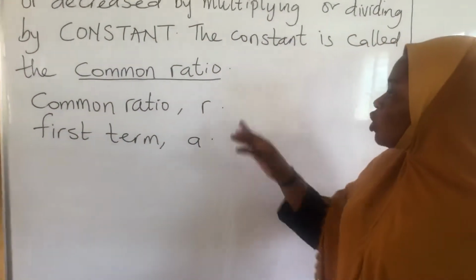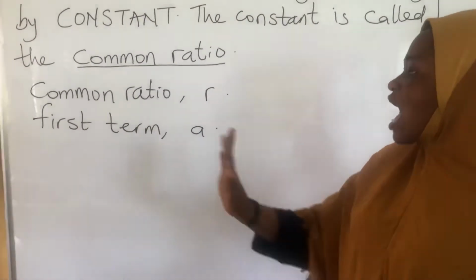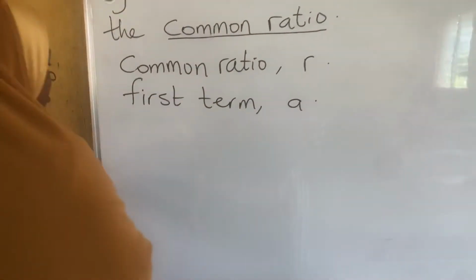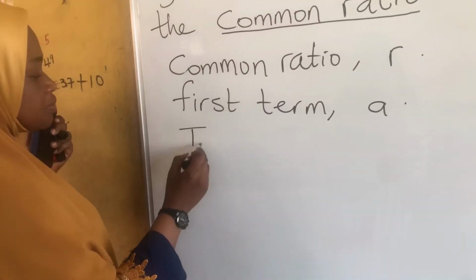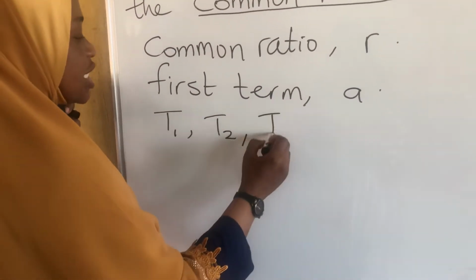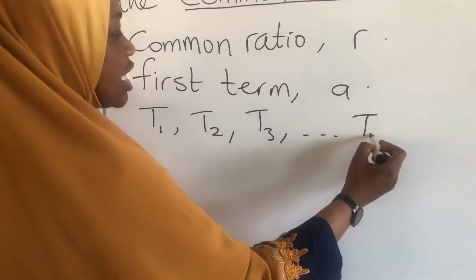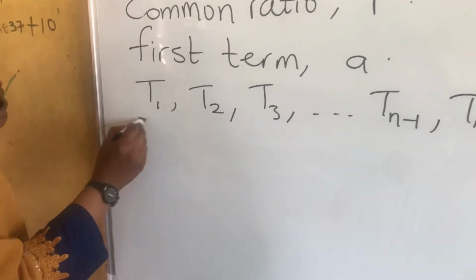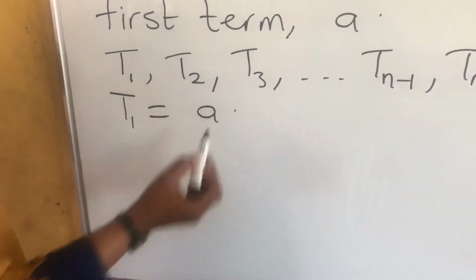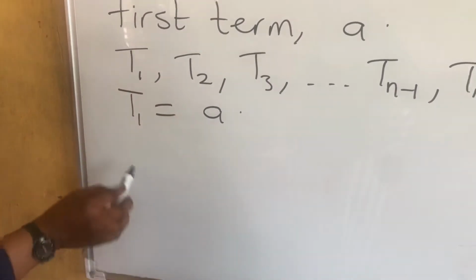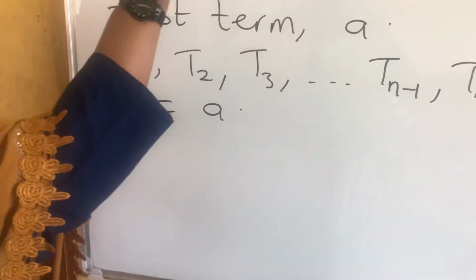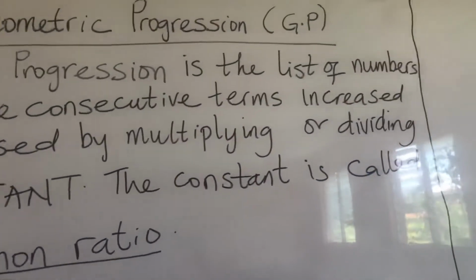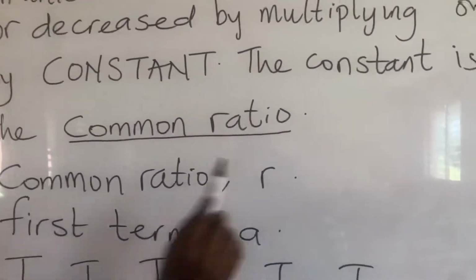That common ratio is usually denoted with small r. And the first term, as usual, is still small letter a. So if you write a sequence T1, T2, T3, up to Tn minus 1, then Tn, that is the last term. T1 is the first term. To find the second term, I told you the consecutive terms increase or decrease by multiplying by a constant, that is small letter r.